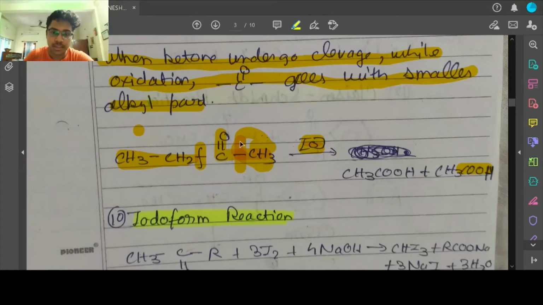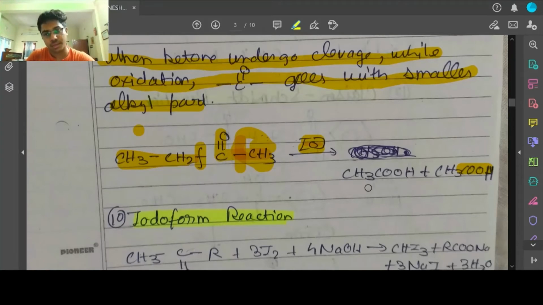If it would have broken from here, then CH3 CH2 C double bond O OH will be formed, and this CH3 will be converted to HC double bond H, HCHO. Since it has broken from here, it will be CH3 C double bond O, and one OH group will be added, so CH3COOH is formed.